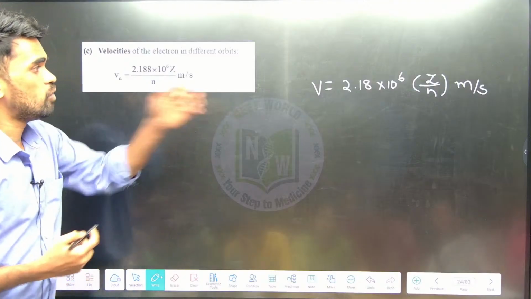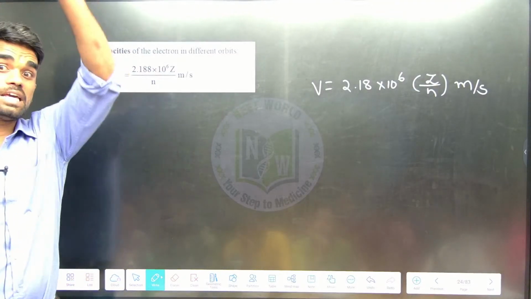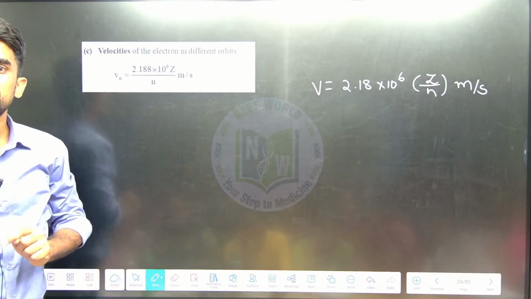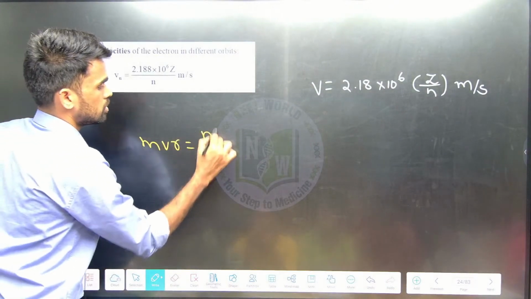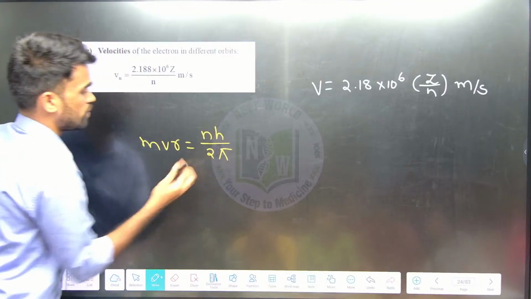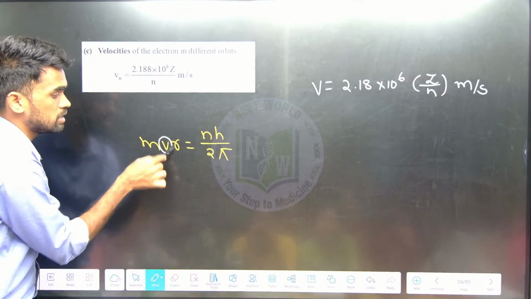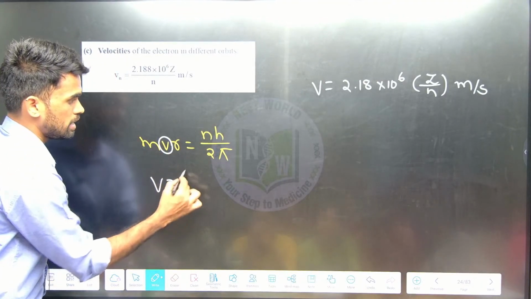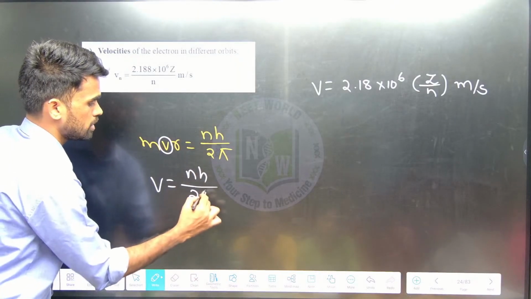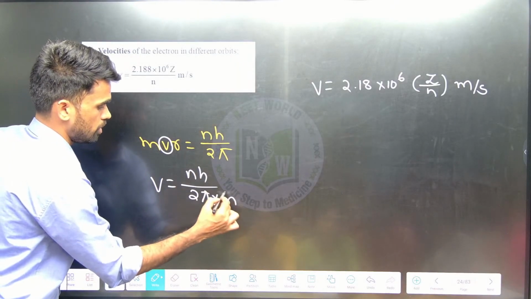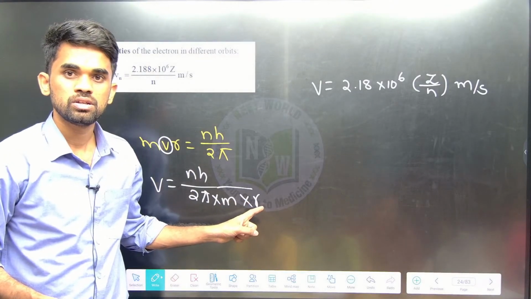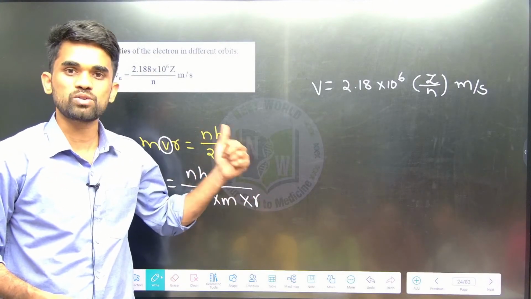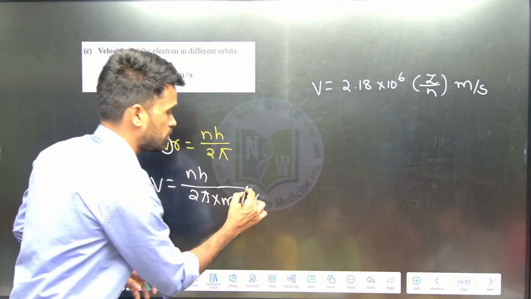See how we got this formula. What is that important equation I told you? mvr equals nh by 2 pi, so from this we need v. So we write v equals nh by 2 pi m r. For the radius we got 0.529 n square by Z, and I put that over here.